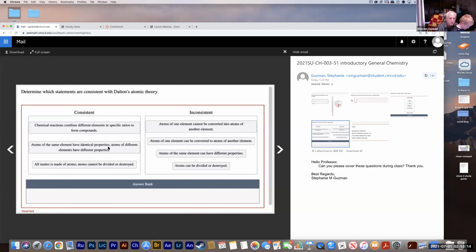That's true. Atoms of the same element have identical properties. Atoms of different elements have different properties. All matter is made of atoms. Atoms cannot be divided or destroyed. Well, in chemical reactions, that's true. Atoms of one element can be converted to atoms of another is inconsistent.